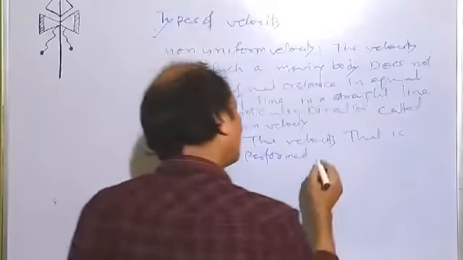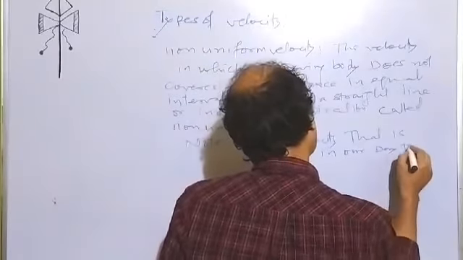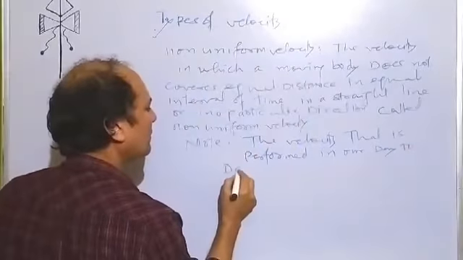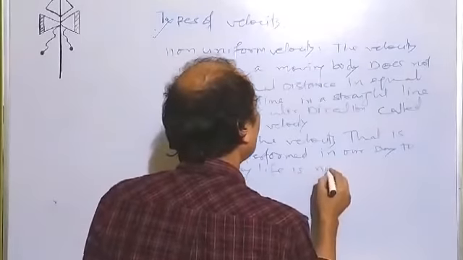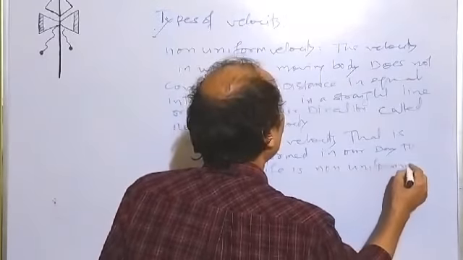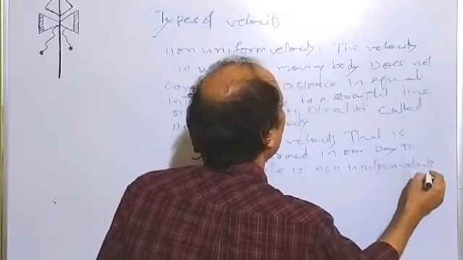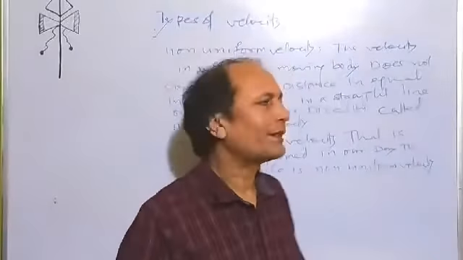The velocity that is performed in our day-to-day life is non-uniform velocity. Non-uniform velocity is also known as real velocity.